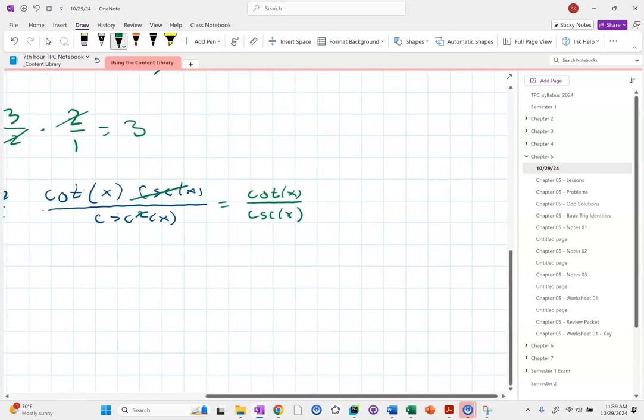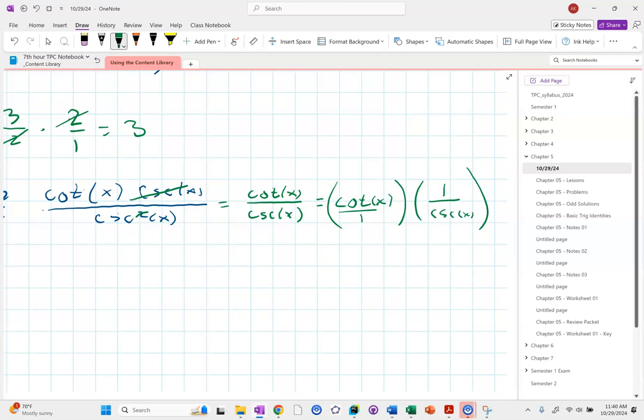And let me make this suggestion for you. The way that I would think about this when I'm about to use an identity and I have a fraction, I typically want to think about it as the top over 1 times the 1 over the bottom. That usually makes life a little bit easier to see which identity I'd want to use.